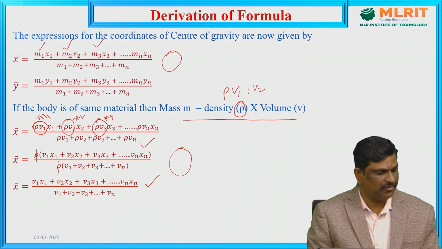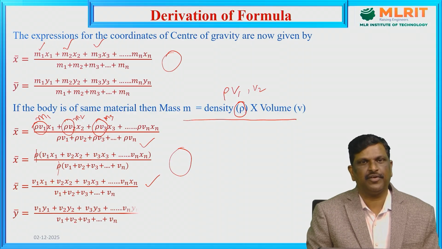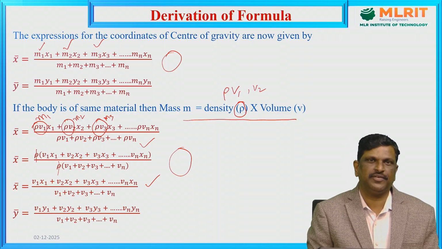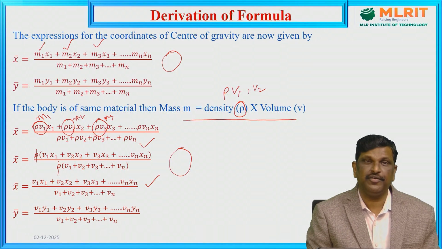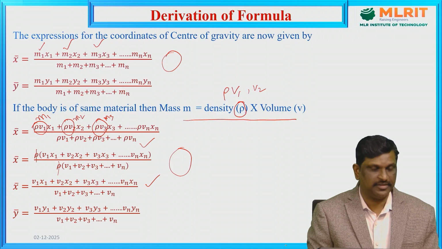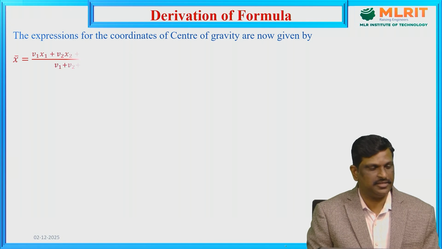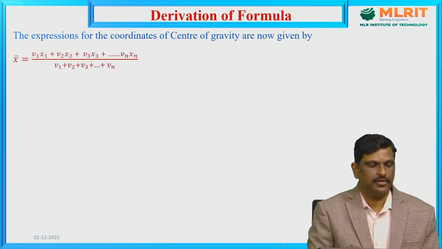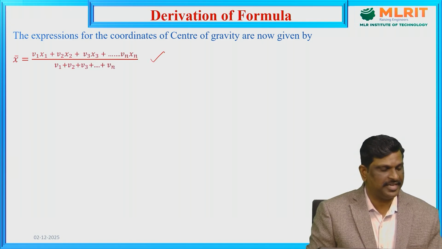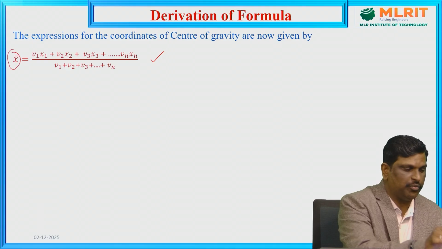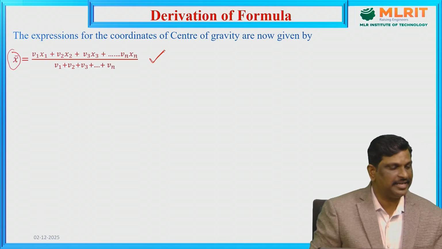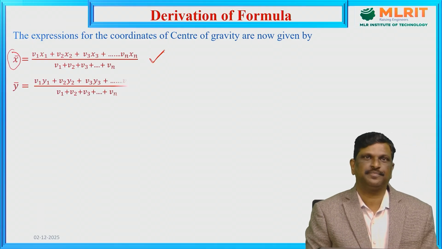Similarly, y bar equals v1 y1 plus v2 y2 plus v3 y3 and so on, divided by v1 plus v2 plus v3. Right. Now the expression is reduced to volumes. The center of gravity of the solid body is given in terms of volumes.